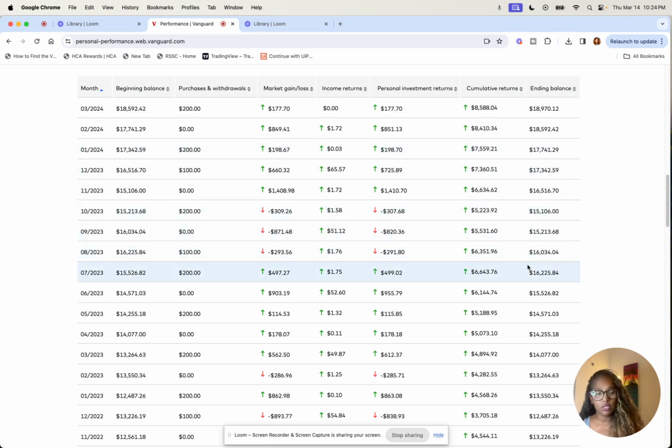And this is with me not trading or doing any work in it besides just having it, set it, forget it type of account this is. So I don't touch this account. I just set it with automatic deposits and it's just growing year over year.